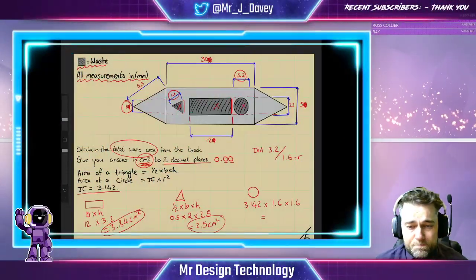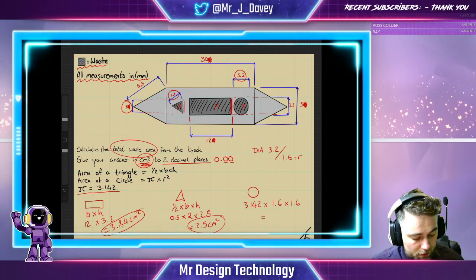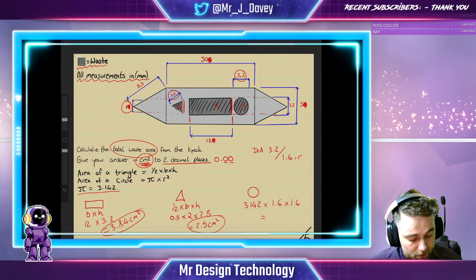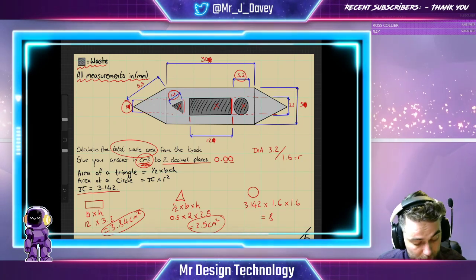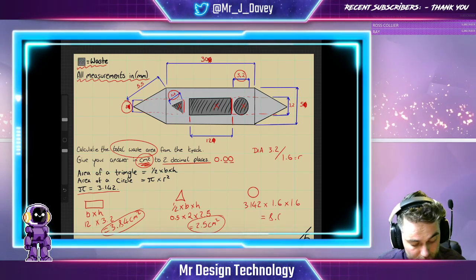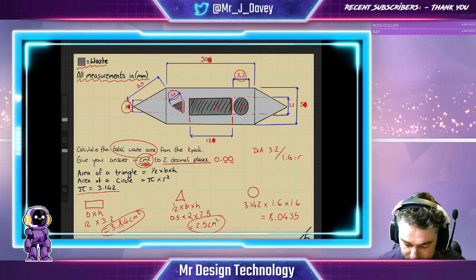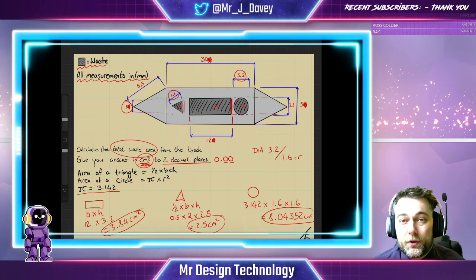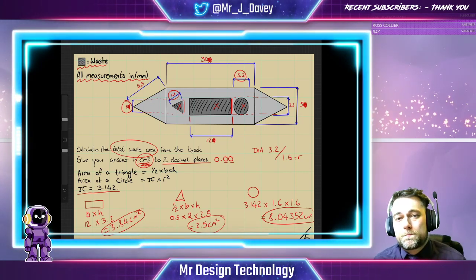Okay, did you get there? 3.142 times 1.6 times 1.6 gives us a crazy number. It's 8.04352 centimeters squared, and I'm going to circle that because we need that for the next part.